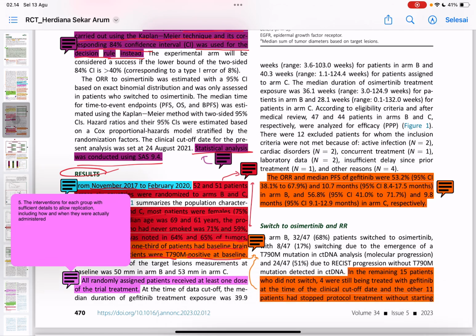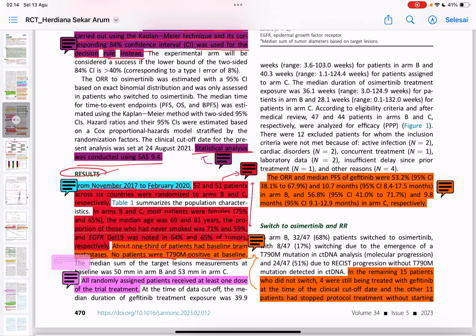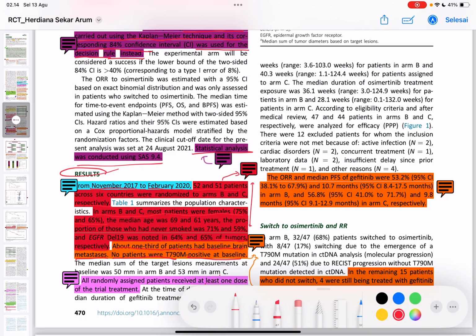Next, we have the intervention for each group with sufficient detail to allow replication, including how and when they were actually administered. And in here, randomly assigned patients received at least one dose of the trial treatment.